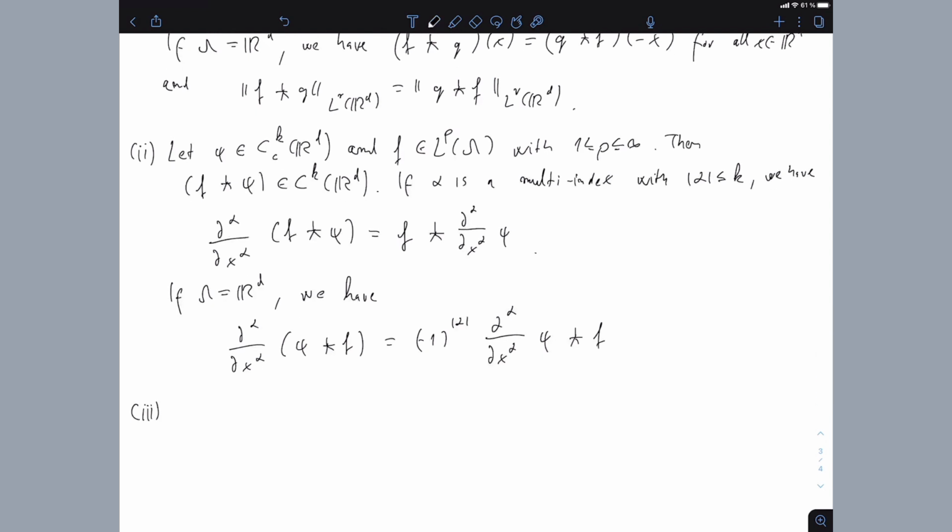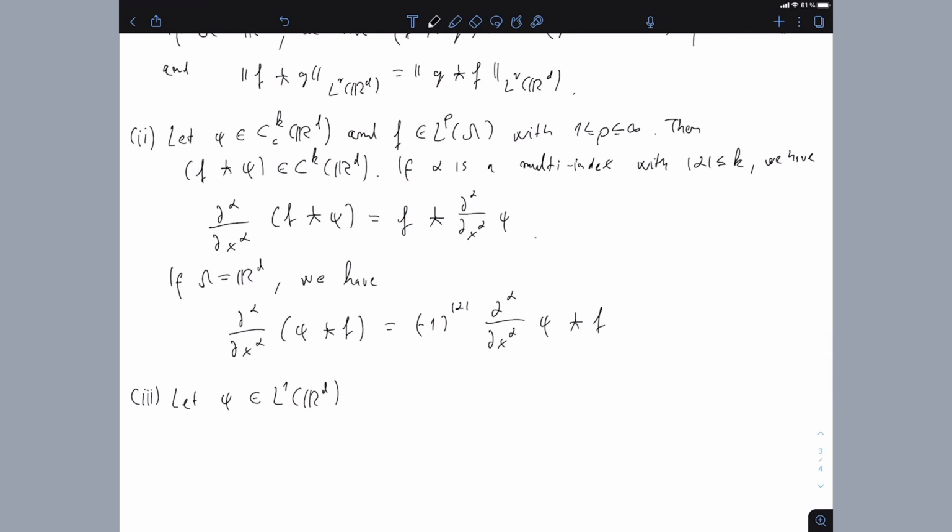And finally, some approximation technique which we will be using. So we take a kernel psi that can be integrated. We want it to be non-negative and integrate to 1.